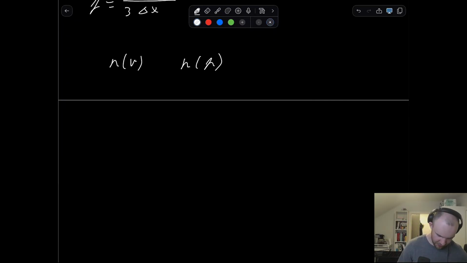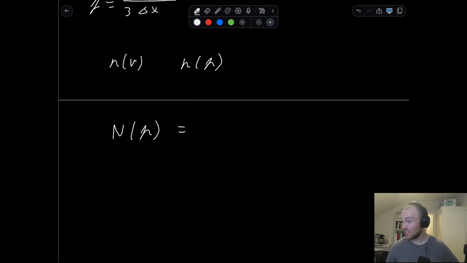Let's say I instead want the total number of particles, right? What I can write then, the total number of particles with momentum, I can write as n of p.